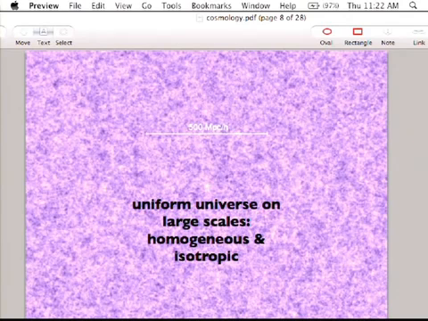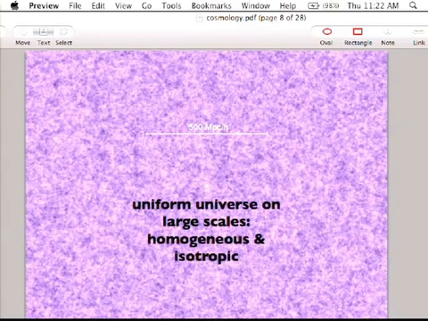These bright spots are overdense regions, and these dark spots are underdense regions. If you look at this very small scale, it's not isotropic or homogeneous. But if you consider these large blocks and draw a sphere here or a box there, and you calculate the mass inside, then it's the same.